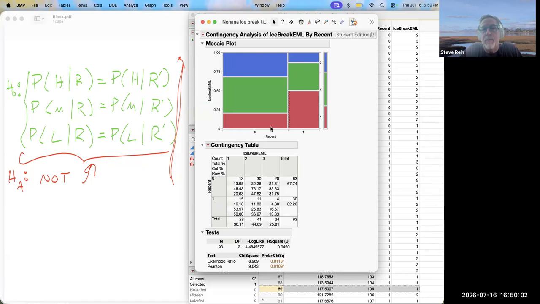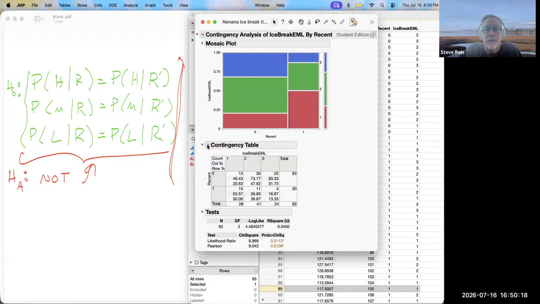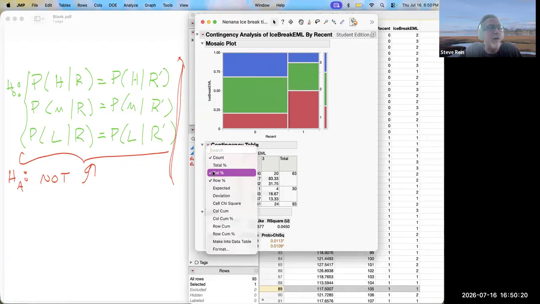The rate of blue goes down. The rate of red seems to be going up. I'm thinking maybe there is a relationship. Again, let's focus on the contingency table. We're shown the contingency table. Let's look at the counts. I don't really care about the total percents, and we usually don't care about the column percents the way I present it.